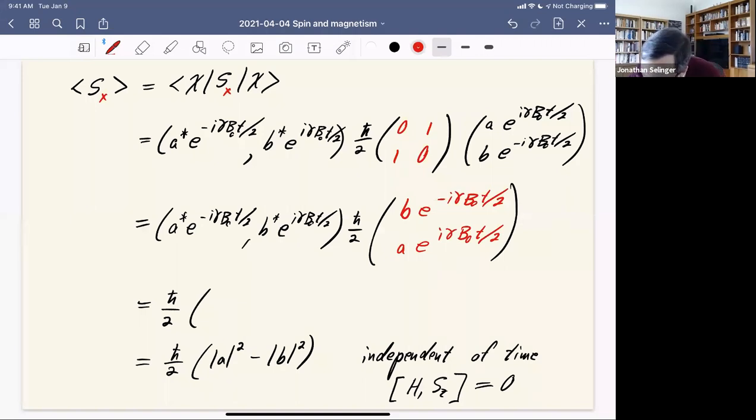That gives us A star B e to the minus I gamma B naught T, not over 2, because there are 2 factors of that thing. And then the second times the second. So that's plus B star A e to the I gamma B naught T.